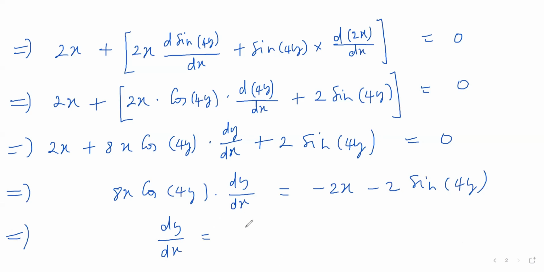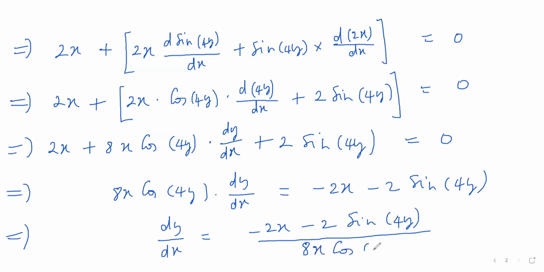So dy dx is therefore equal to minus 2x minus 2 multiplied by sine of 4y, divided by 8x multiplied by cos of 4y.